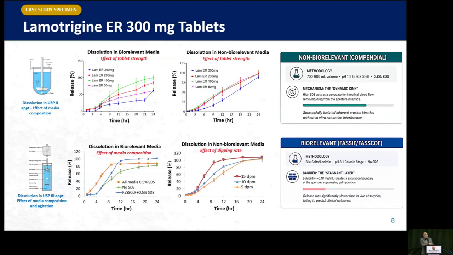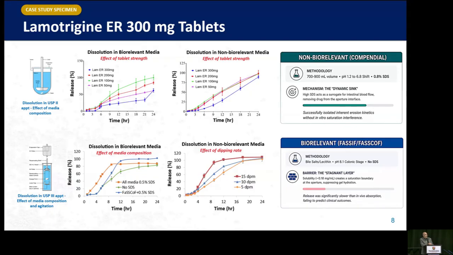But when we add surfactant to only the simulated colon media, then we have faster release and almost complete profile. And if we add surfactant to all the biorelevant media, then the release is much faster and much more complete. So this is a sensitivity to the composition of the release media, even if it is biorelevant and even if we are adding surfactant to the media.